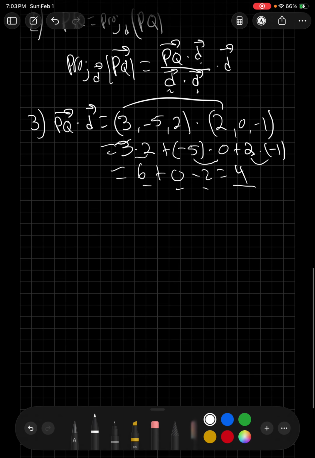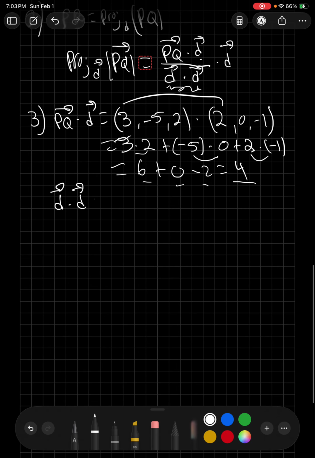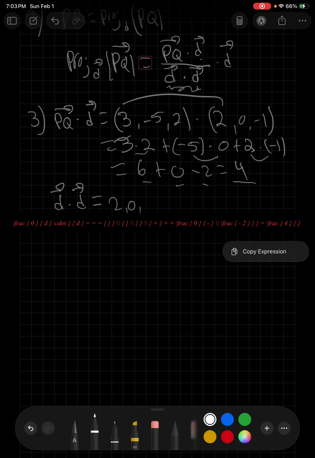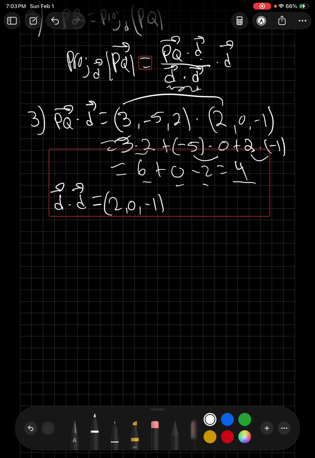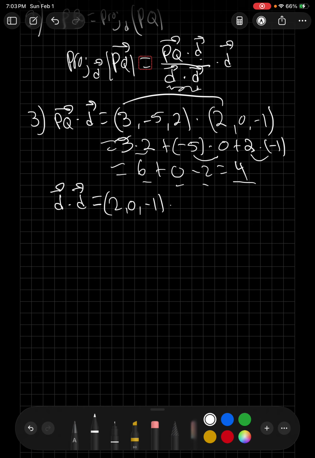Okay, and then we have D dot D. So that's the denominator now that we're doing. 2, 0, -1 dot 2, 0, -1.